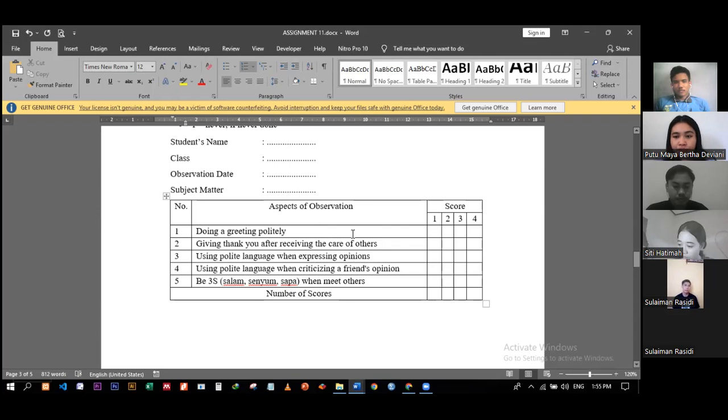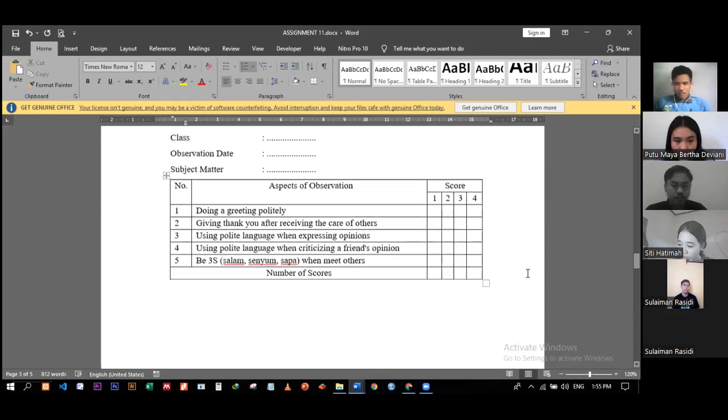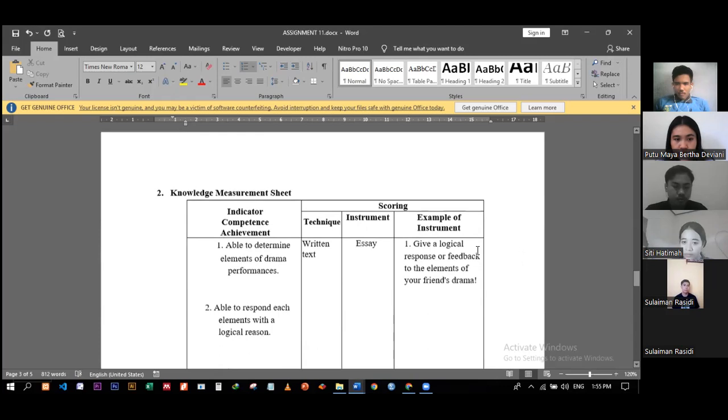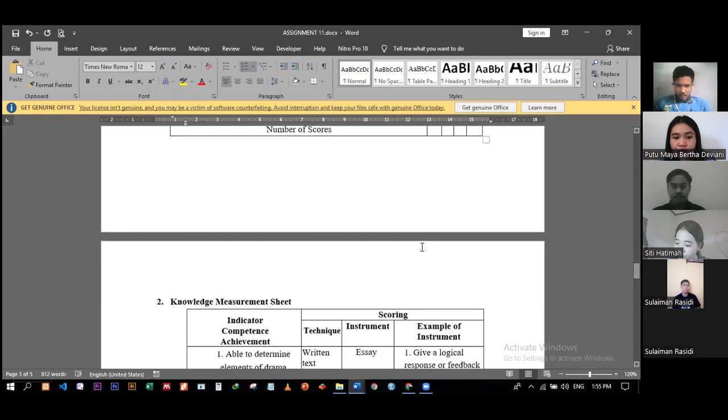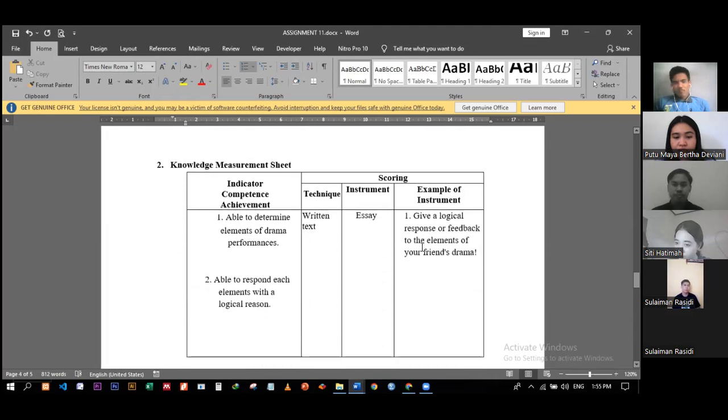Okay, next, there is the knowledge measurement set. In the knowledge measurement set, there are the indicators of competence achievement. There are two indicators of competence achievement that we are using in our lesson plan. The first one is able to determine elements of drama performance, and the second is able to respond to each element with a logical reason.